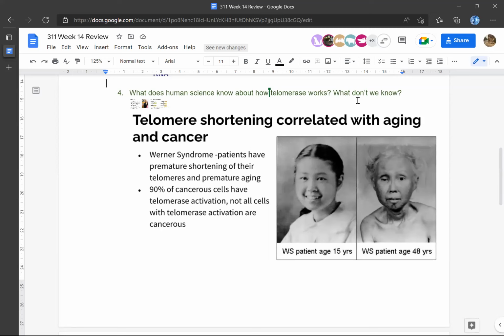As soon as she was born, her body thought it was older than it actually was. We can see that at age 15 she appears relatively normal for that age. But at 50 years, this woman looks like she's 90 years old. That's because somewhere probably in her 20s is when the effects of her prematurely shortened telomeres began showing.